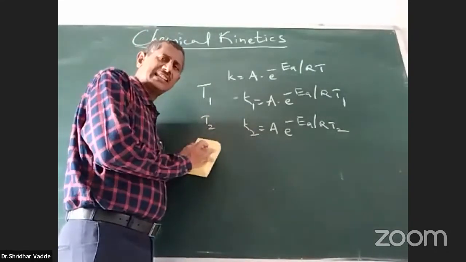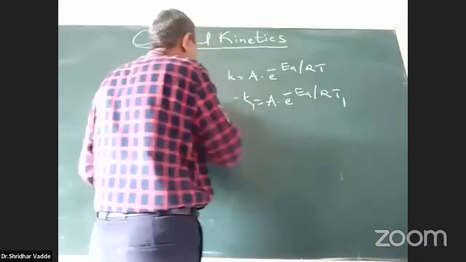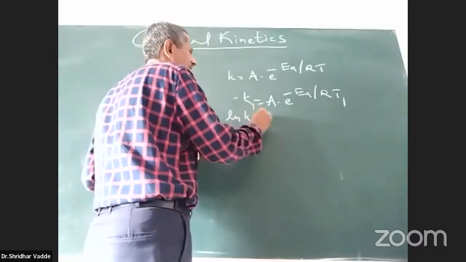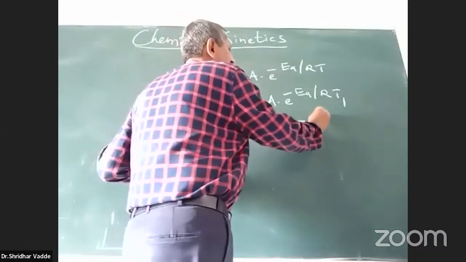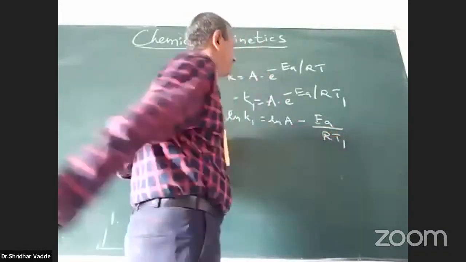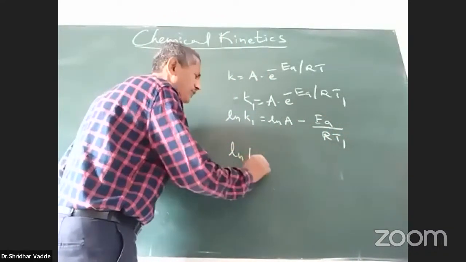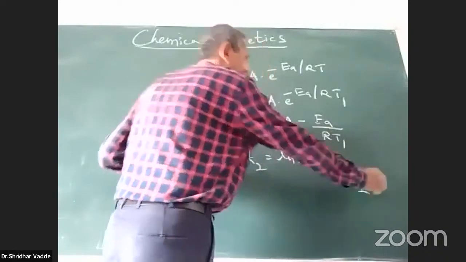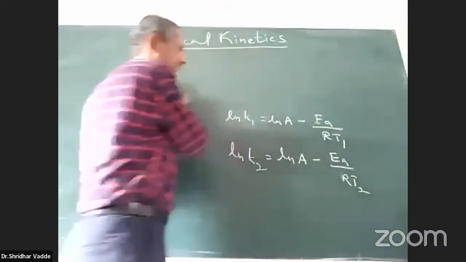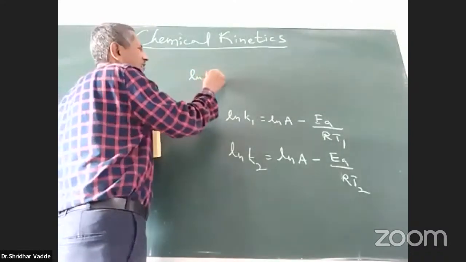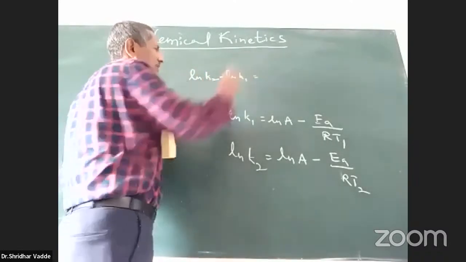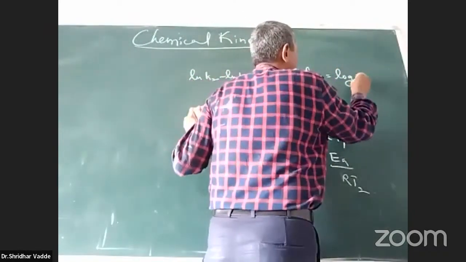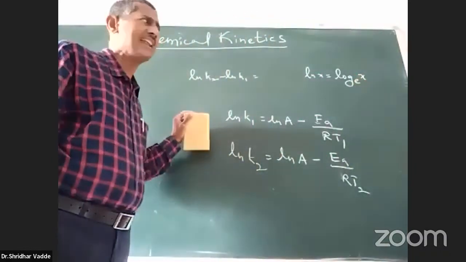So by getting all these things, we can get one equation. We can write ln K1 is equal to ln A minus Ea by RT1. Similarly, ln K2 is equal to ln A minus Ea by RT2. Here, ln K2 minus ln K1 is equal to, where ln x is log of x to the base e.